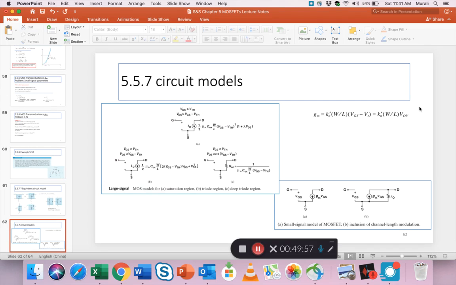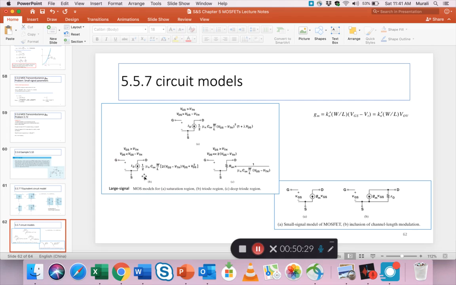One last slide and then I think we are done. Here, from another textbook, I found a summary of all the models. There are 3 models for the large signal and 2 models for the small signal, and this is only the hybrid pi model. You may notice he's written it slightly differently, but the idea is the same. There's a model for the saturation region, with an open gate and a controlled, dependent current source.